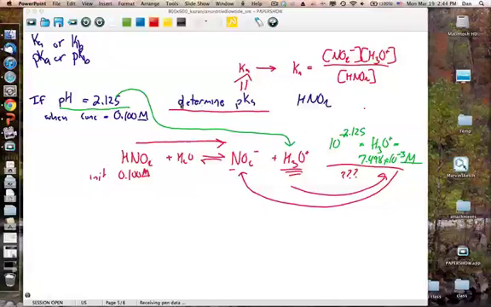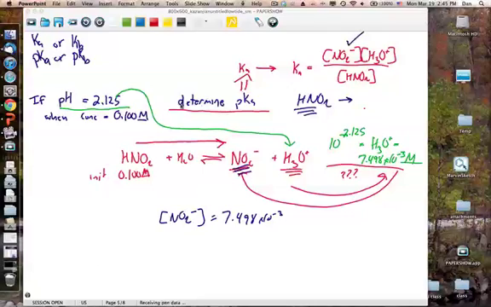Every single one had to be made at the same time as H3O plus, because we start with nothing but HNO2 in solution, so it has to fall apart to make the NO2 minus. So the concentration of NO2 minus is equal to 7.498 times 10 to the minus third.